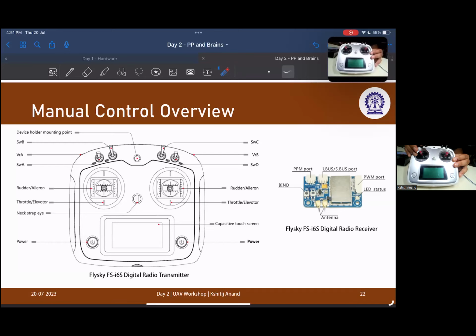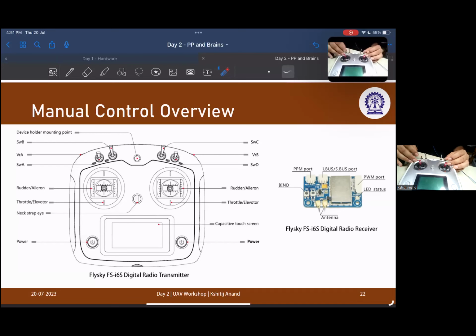Okay. So these are the stick inputs that we can give from this transmitter. And then we have these switches here. So this is switch A, B, C, D. Switch A and D, the last two switches, are bi-directional or bi-positional switches. We generally use switch A to create a fail-safe for throttle.